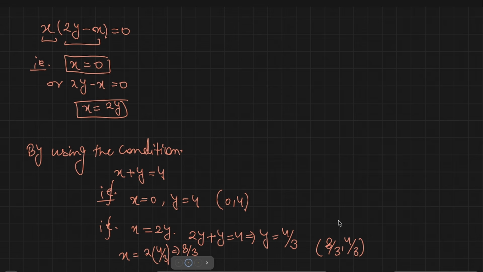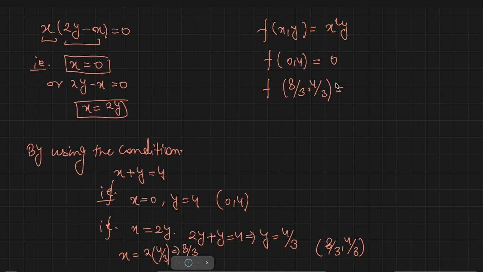By applying these 2 points, I can find the value. So from here my f of x comma y is basically x square into y. At the point 0 comma 4, the value is 0, and at the point 8 by 3, 4 by 3, the value will be 8 by 3 square times 4 by 3.